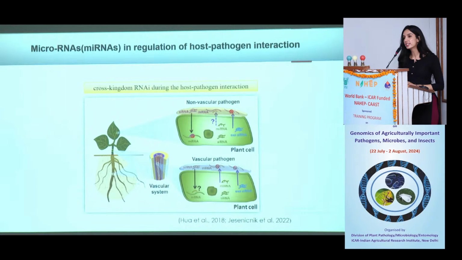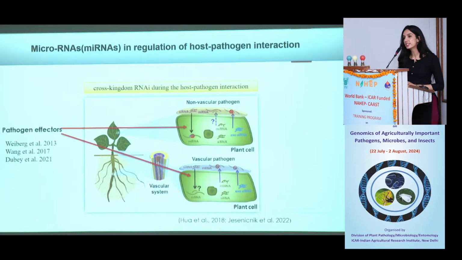For example, many fungal pathogens produce siRNAs, and these siRNAs are transported from the fungus into the plant cell, wherein they silence the host genes of the plants, which in turn can lead to susceptibility. Or in contrast, these microRNAs or siRNAs can also be transferred from the plant to the pathogen, or they can directly be influenced by the action of the pathogens, which in turn can lead to susceptibility or resistance.